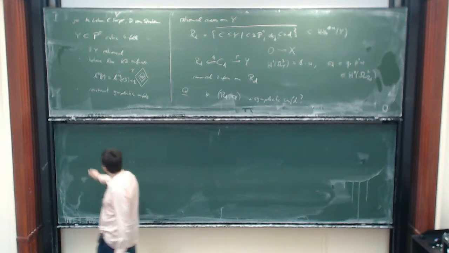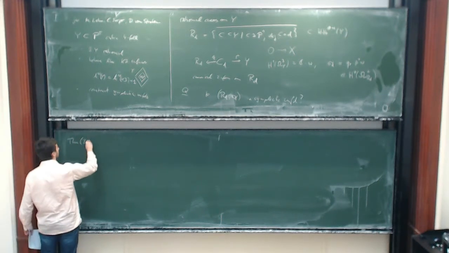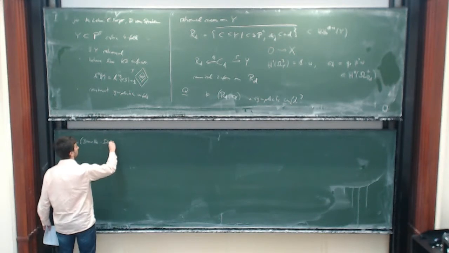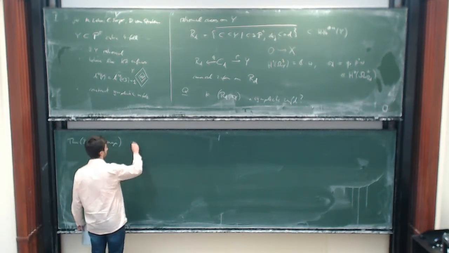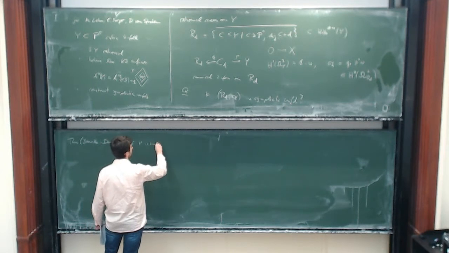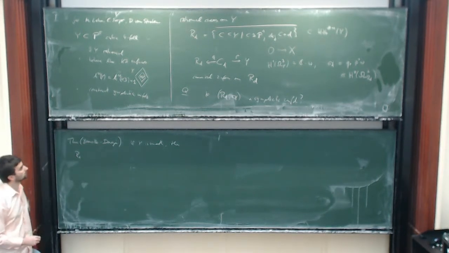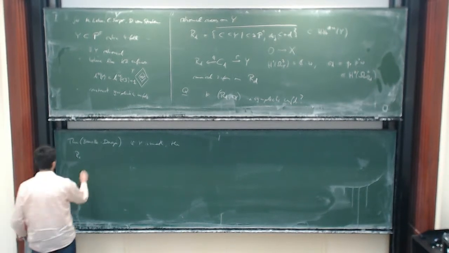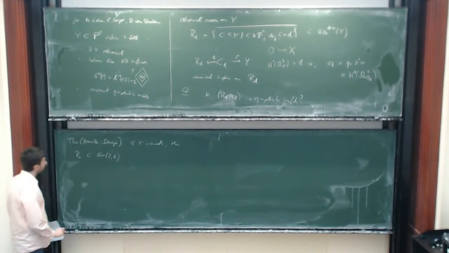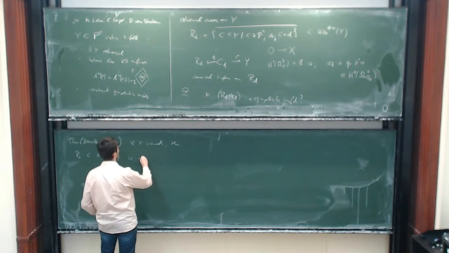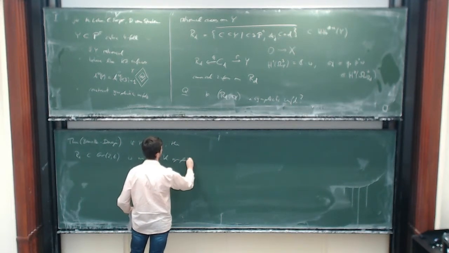And so, I mean, there's a result which motivates this, an old theorem of Beauville and Donagi, which says that if Y is smooth, then R_1, the space of lines, which is obviously contained in the Grassmannian G(2,6), is an irreducible symplectic fourfold.